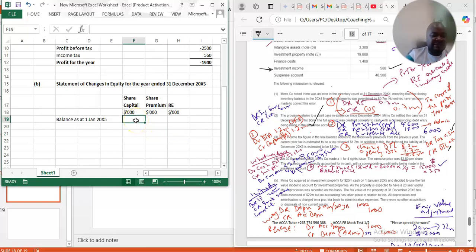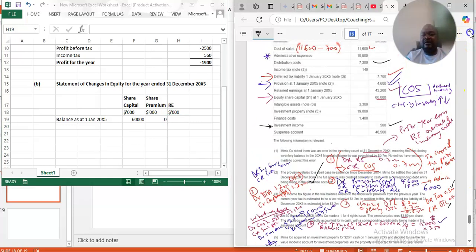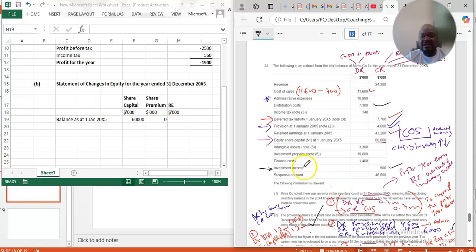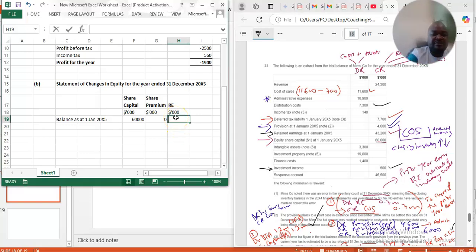The balance, obviously it was 60,000 for the share capital, but for the share premium we had 0, and for the retained earnings, ladies and gentlemen, we are simply using this information. So at the start of January, the retained earnings were showing that figure, 43,200, but there was an adjustment.